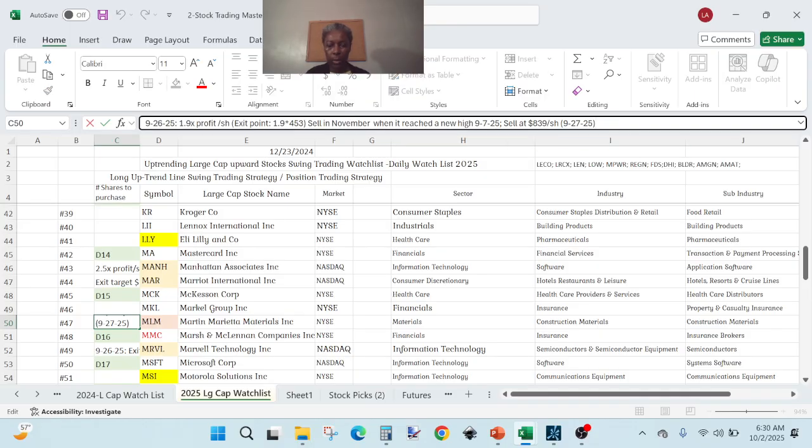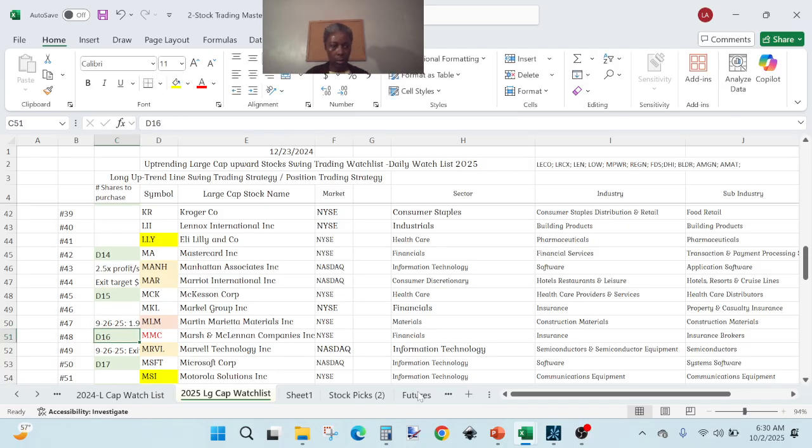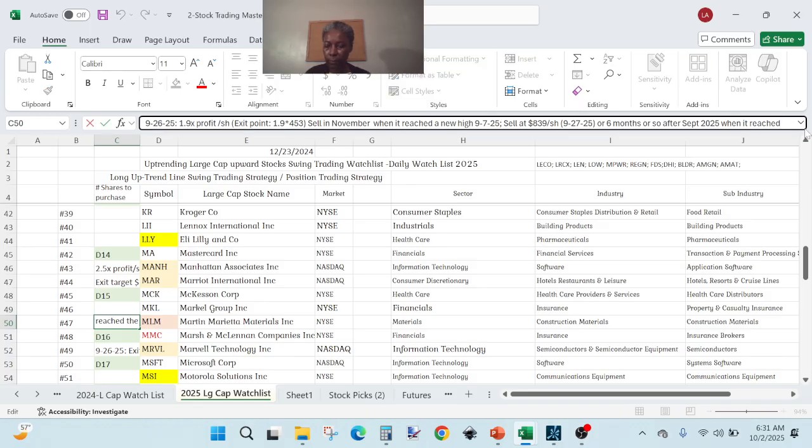Otherwise, I can put 6 months or so after September 2025, when it reached the first high, in relation to when it left that support line. And this one I can just date as well.